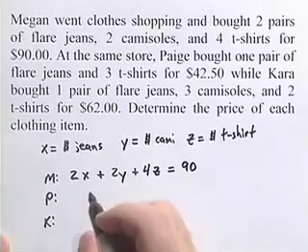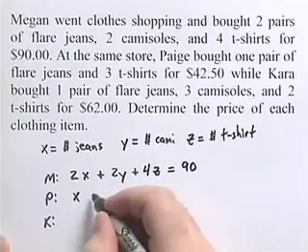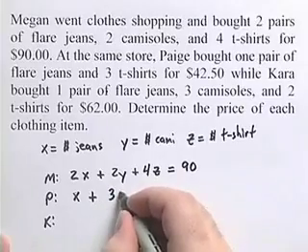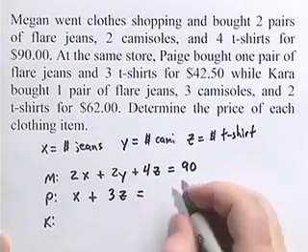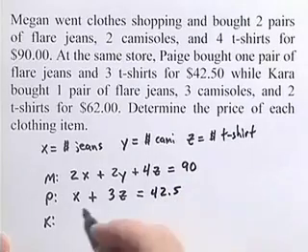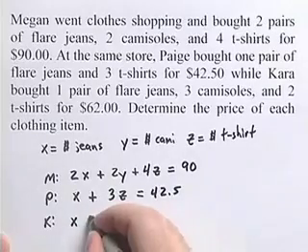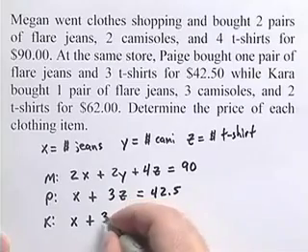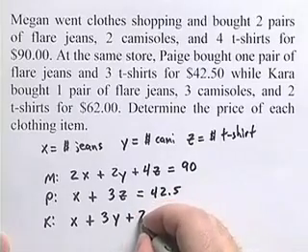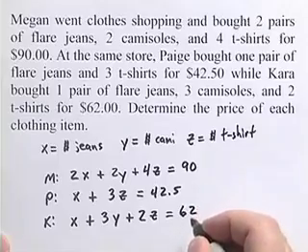Paige bought 1 pair of flare jeans, so she spent x dollars on jeans, plus she bought 3 t-shirts, so that's plus 3z, for a total of $42.50. Kara bought 1 pair of flare jeans, so she spent x dollars on jeans. She bought 3 camis, so she spent 3y dollars on camis, and 2 t-shirts, so she spent plus 2z on t-shirts, for a total of $62.